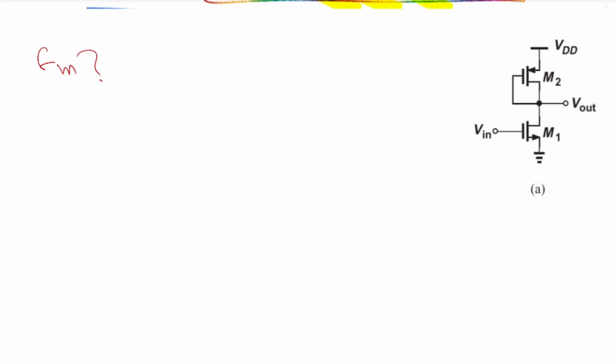So the Gm is just the output current, which is gm Vin, over Vin. So it is just gm1. The big Gm is just gm1 in this stage.